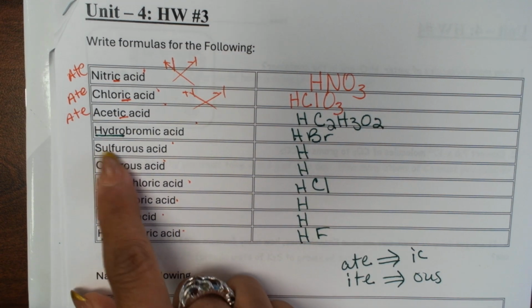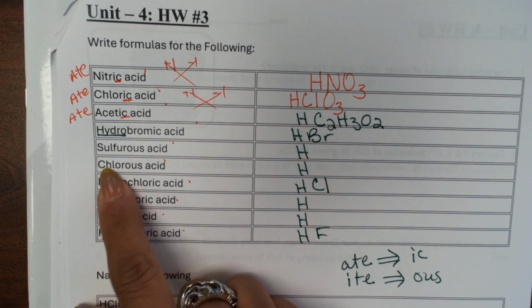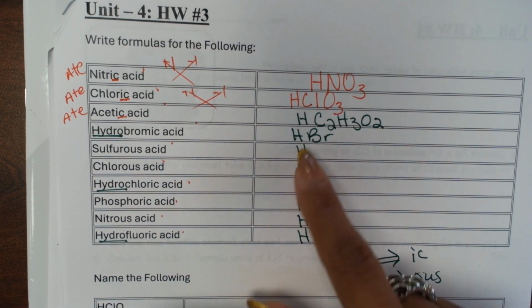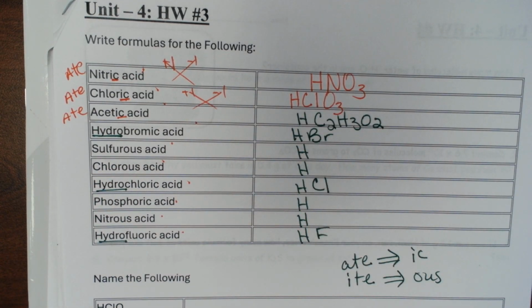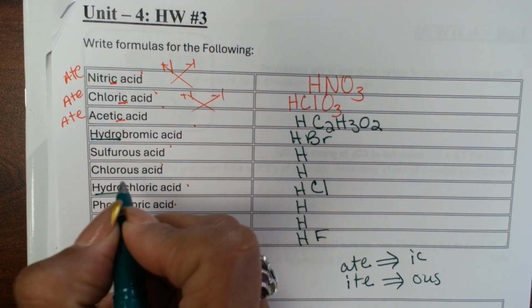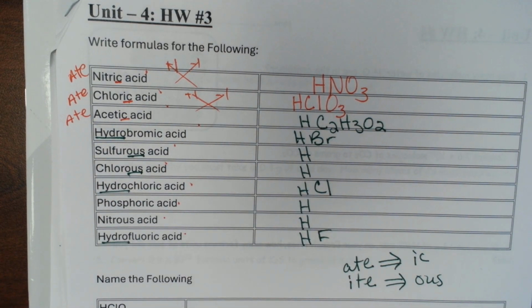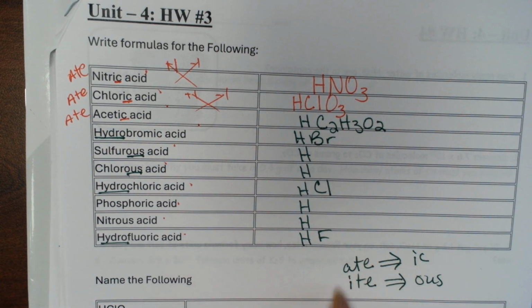Over here, because they don't have a hydro in front of them, no hydro, that means they're going to be H plus a polyatomic. So now we look at the ending of the polyatomic. This one's OUS, and this one's also OUS. So we wrote a little cheat right here.